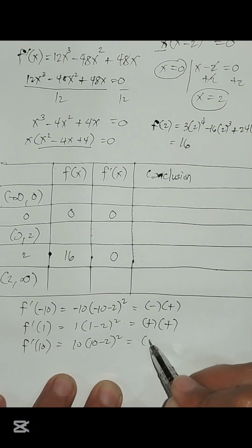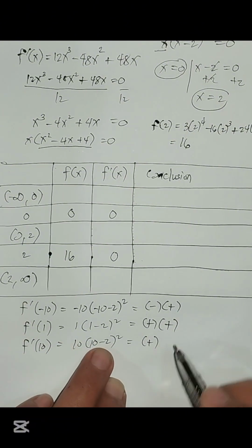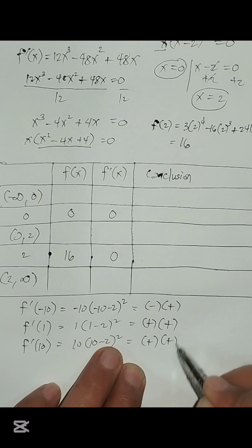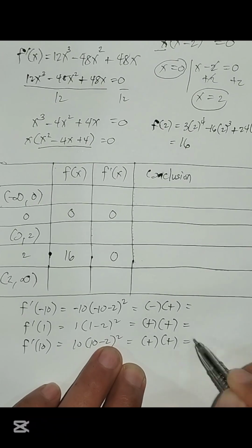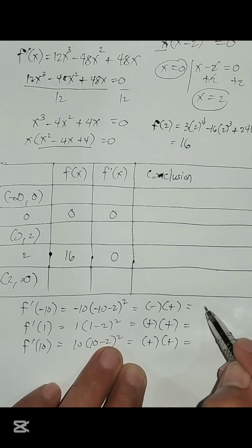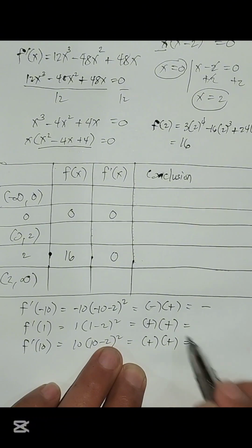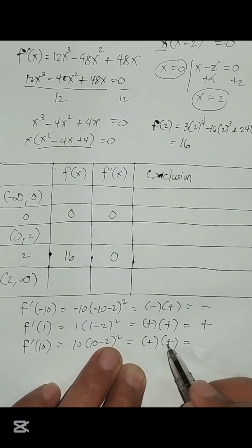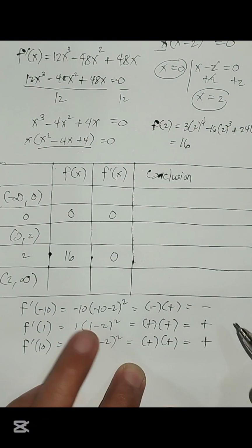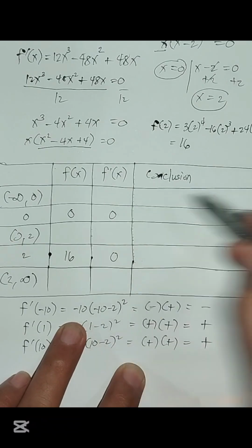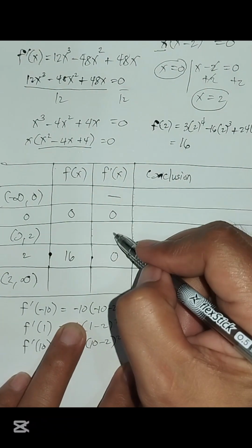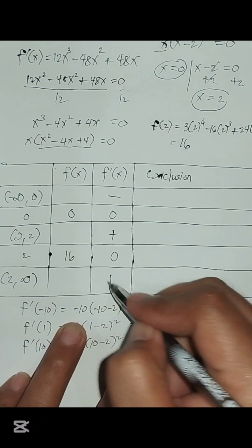For this part, we have positive 10, and squared, it's positive. Negative times positive is negative. Positive times positive is positive. Positive times positive is also positive. So let's put in the table the signs: negative, positive, and then positive.